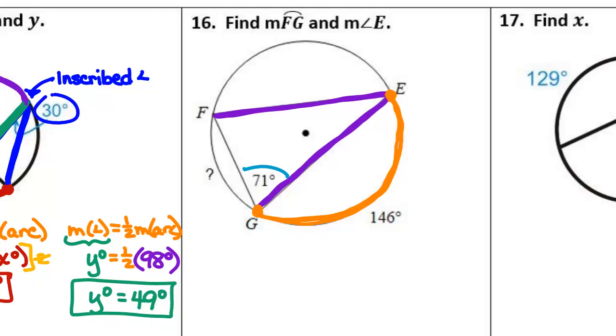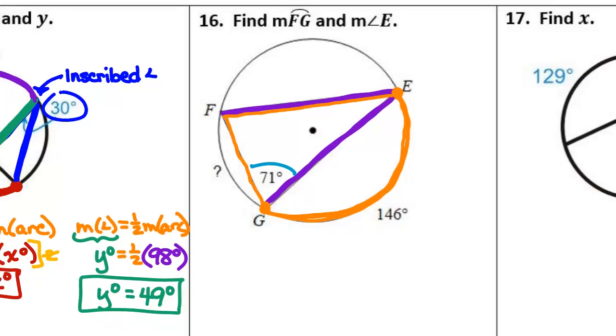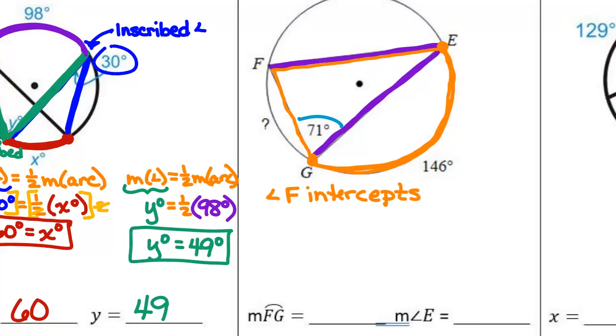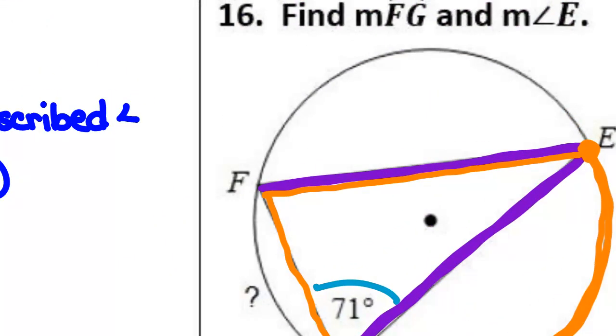146 is not half. Oh, okay. Ah, yes. What angle is intercepting this arc? F. FE and FG go to the endpoints of my arc. So angle F intercepts this arc. What kind of an angle is angle F? Inscribed. Its vertex is on the circumference of the circle, so it's an inscribed angle.